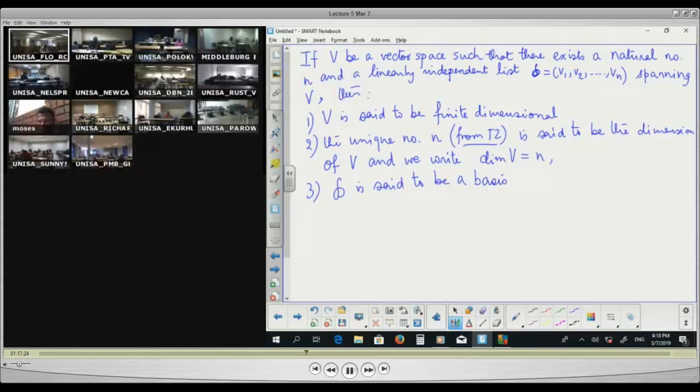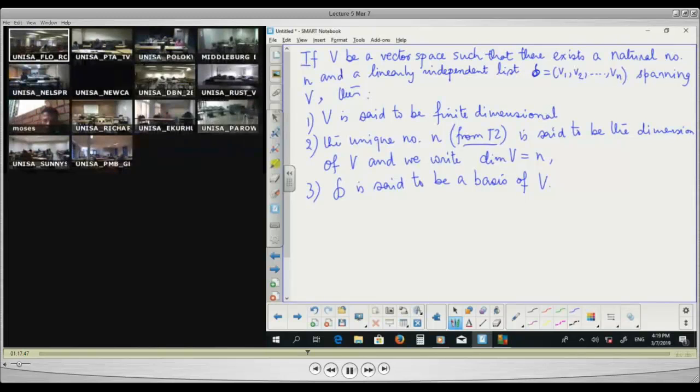Okay? So there are 3 things that immediately come up as an upshot of this. If you tell me that there is a natural number n and a linearly independent list of that size, which spans V, then V is finite dimensional.